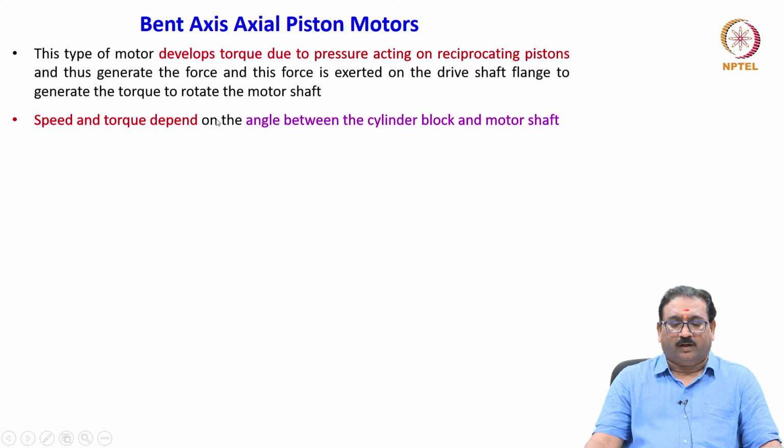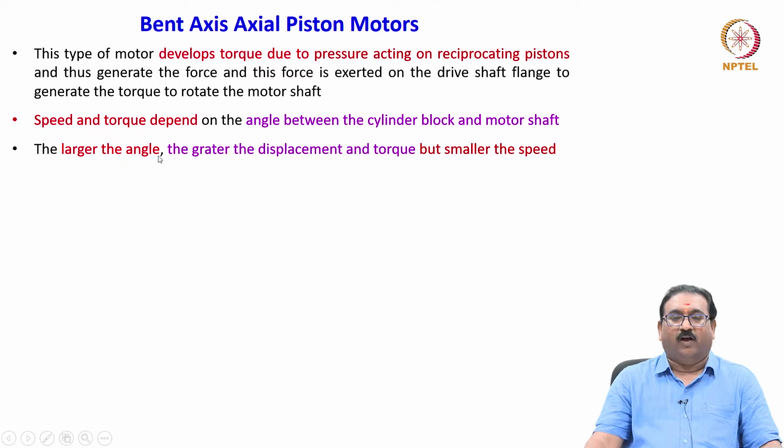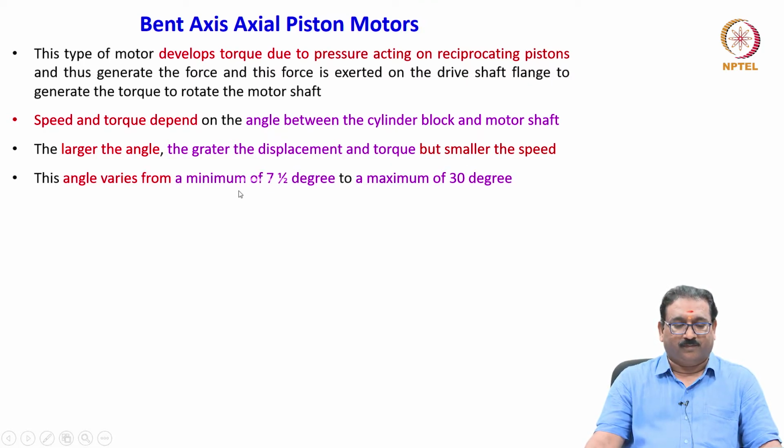Speed and torque depend on the angle between the cylinder block and motor shaft. The larger the angle, the greater the displacement and torque, but the smaller the speed. This angle varies from a minimum of 7.5 degrees to a maximum of 30 degrees.